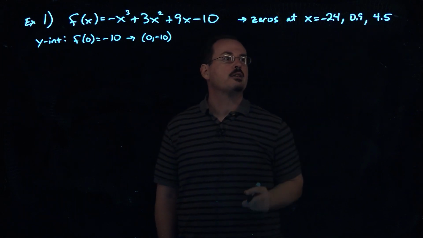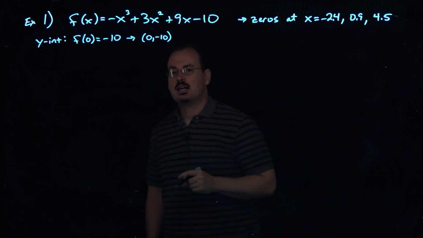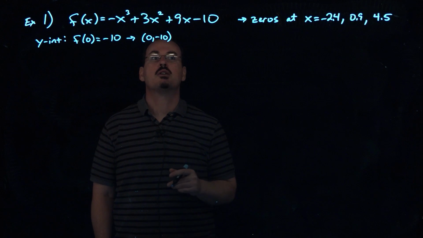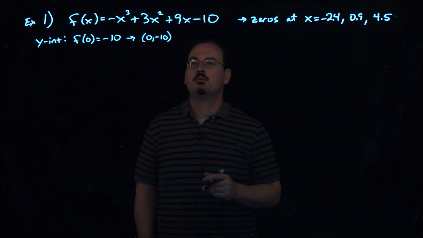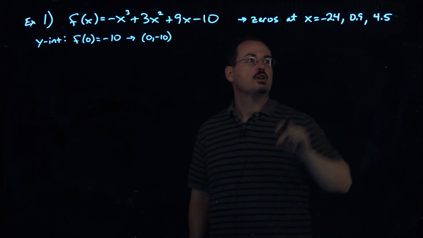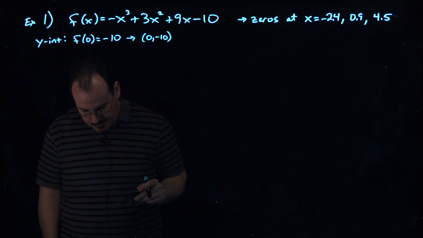I just put this in my calculator, and that's what I found where the zeros were. There's programs online, websites where you can actually do this. Just type zeros of polynomial into Google, and basically you just enter the polynomial. It'll tell you what the zeros are. Okay, so those are the zeros here. We found those with the calculator.